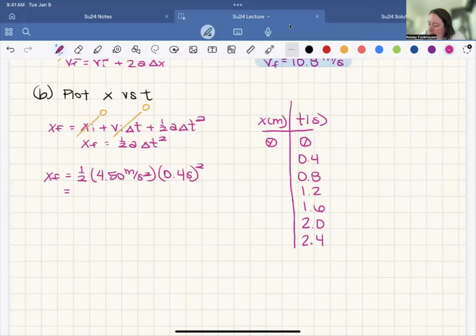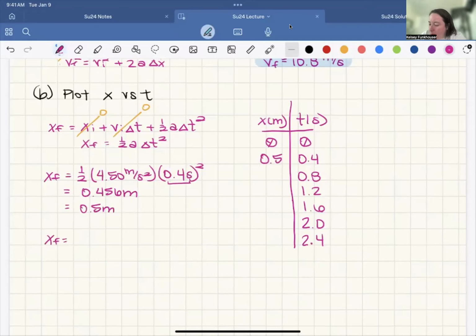This one gives us 0.456 meters. And it looks like we went in with only one sig fig here, so it looks like we should round this to 0.5 meters. So that's our first position. Well, second, I guess. Our first is 0.